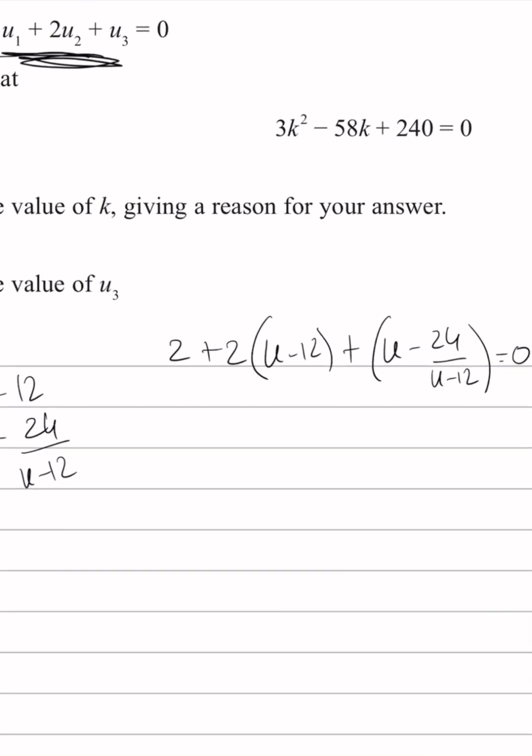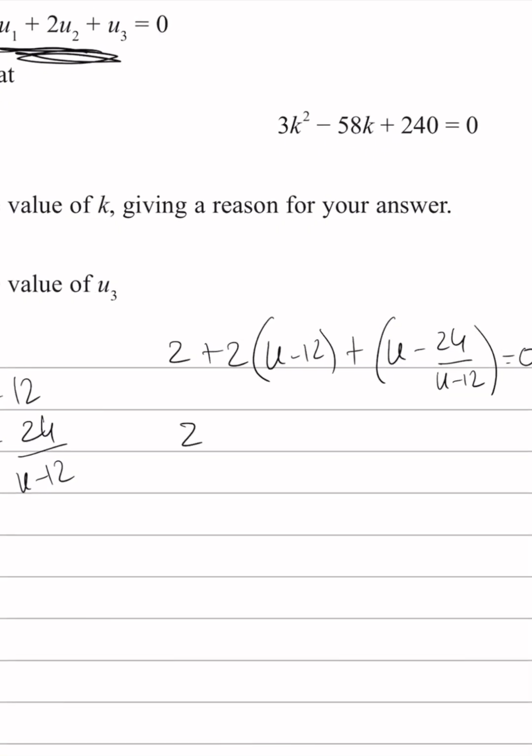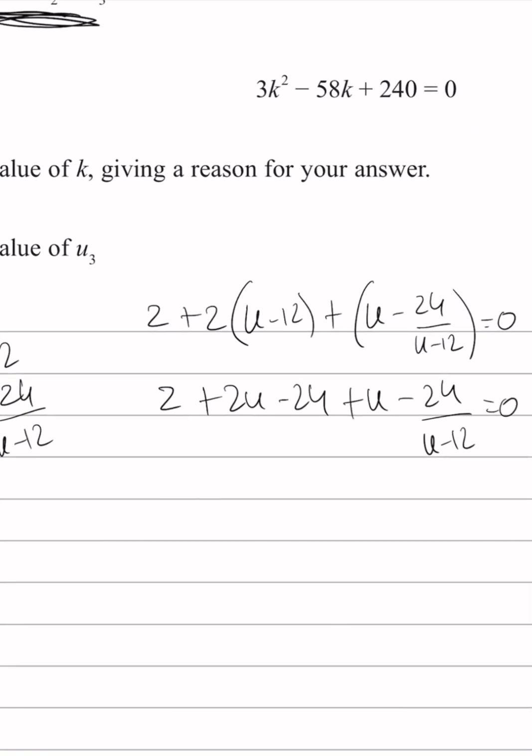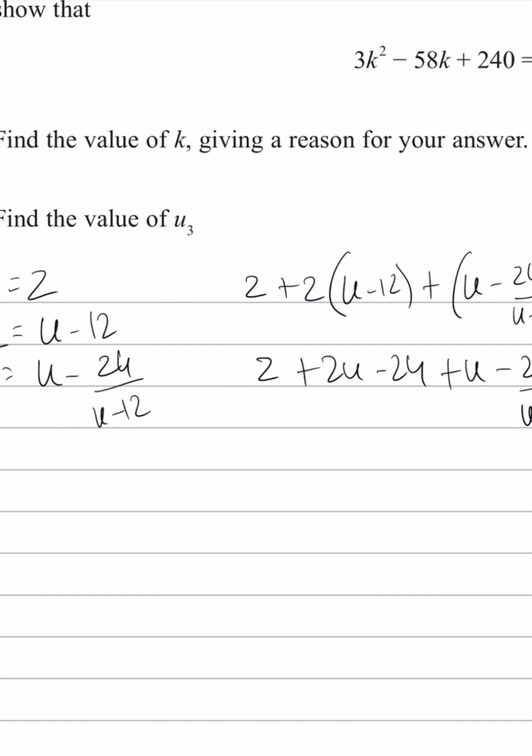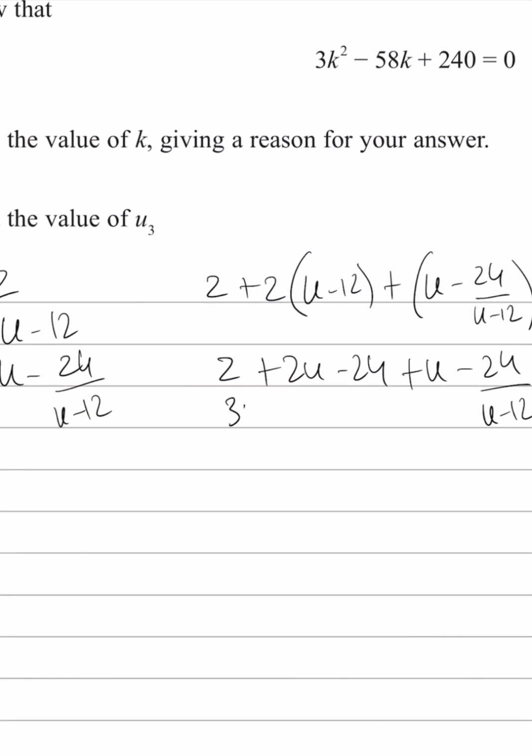Then we simplify this, which is 2 plus 2k minus 24, plus k minus 24 over k minus 12 equals 0. Then we simplify further, which would make it 3k minus 22 plus k minus 24 over k minus 12 equals 0.